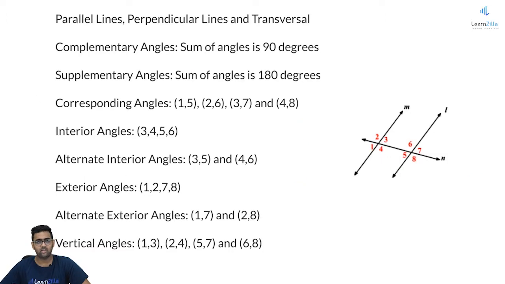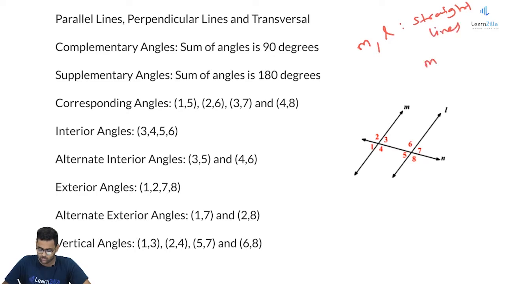A very important thing when you talk about lines is the classic case of two parallel lines intersected by a transversal. If you look at this figure, M and L are straight lines.